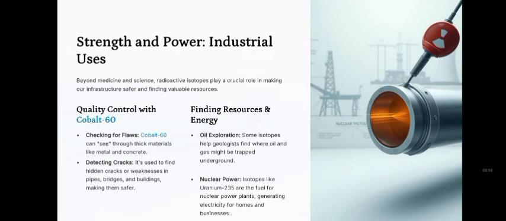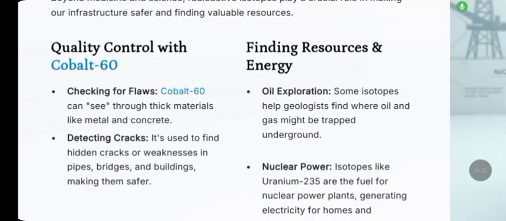Dear students, let's see how radioactive isotopes are used for industrial purposes. Beyond medicine and science, radioactive isotopes play a crucial role in making our infrastructure, like roads, bridges, schools and buildings, safer.